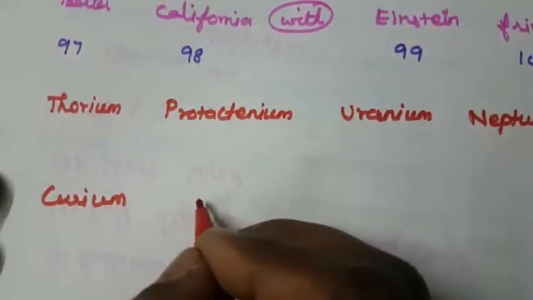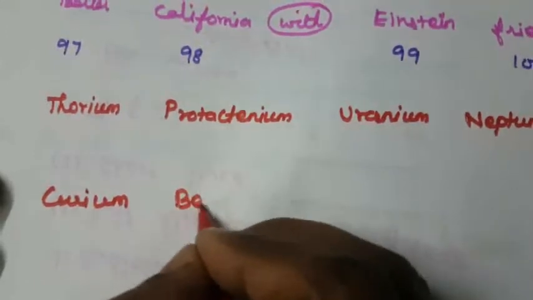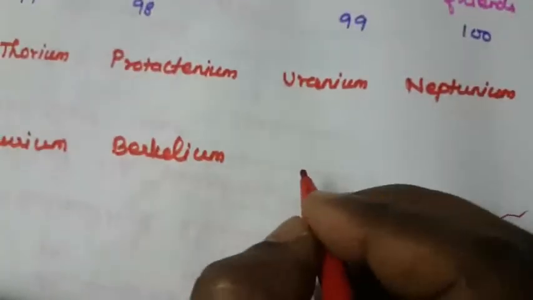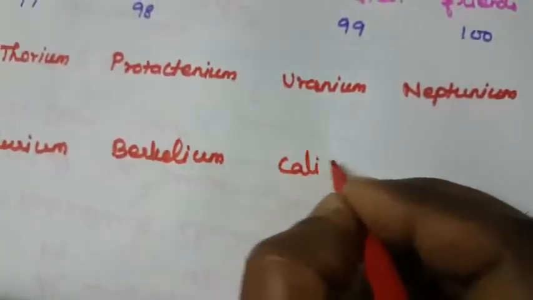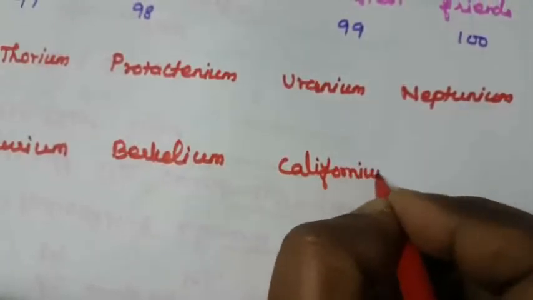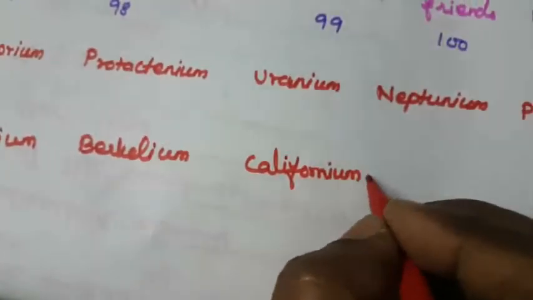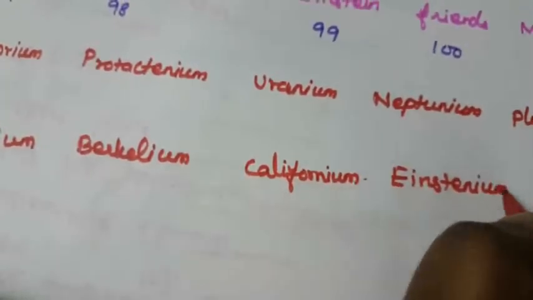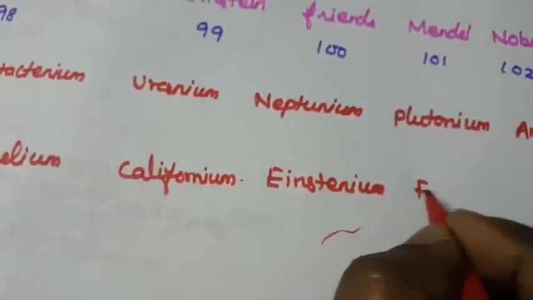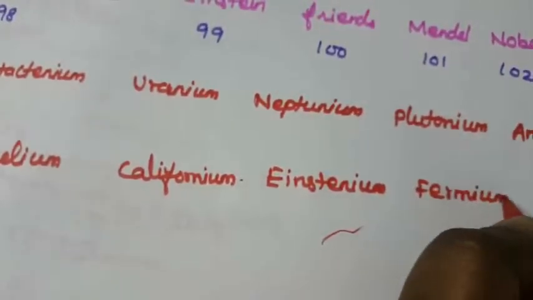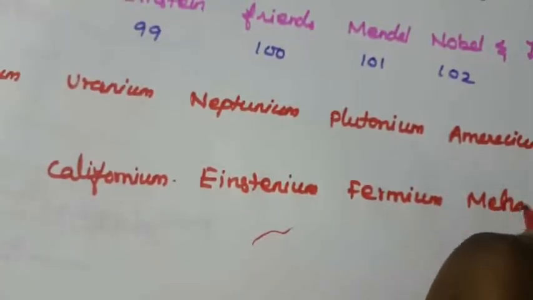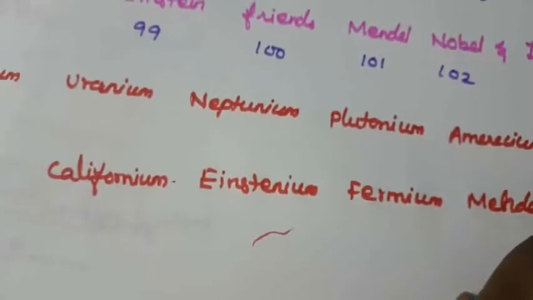Then berkelium. Then californium. Then einsteinium. Fermium. Then mendelevium, nobelium, and lawrencium.